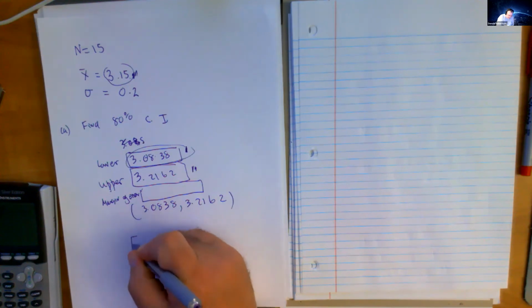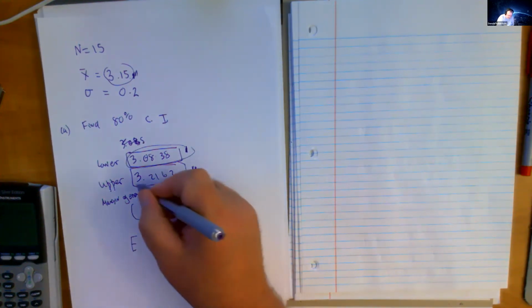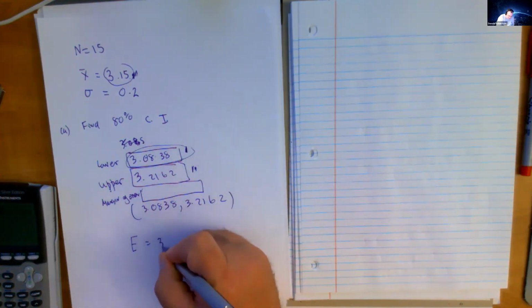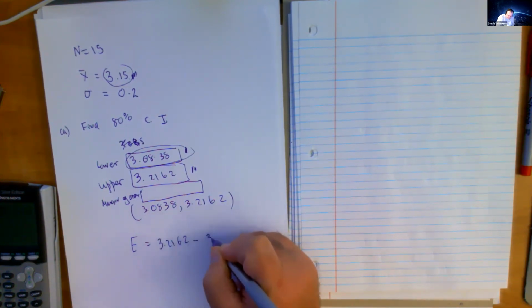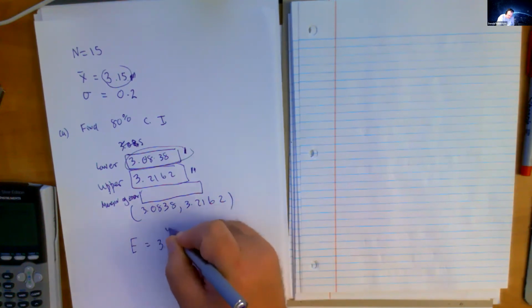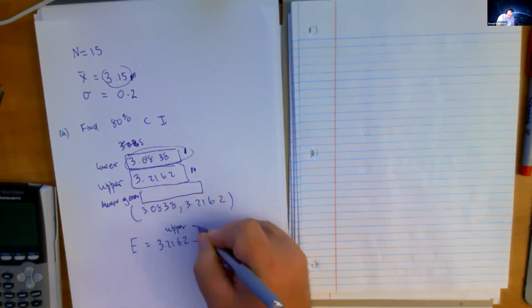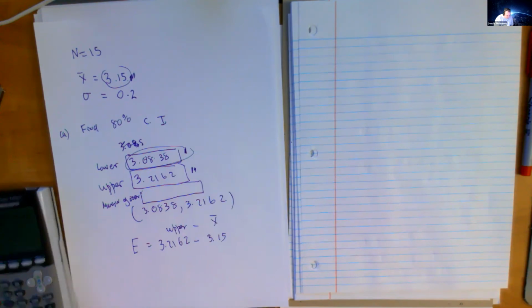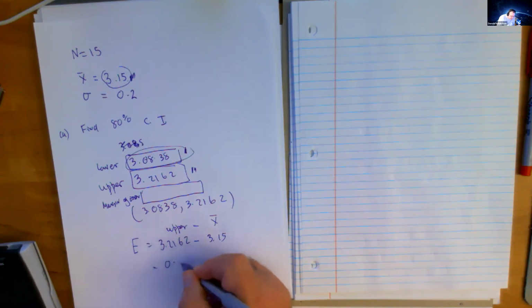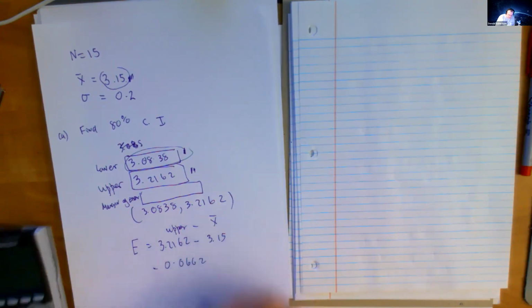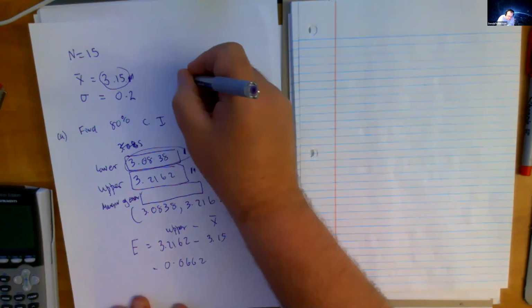So the margin of error can be found by, I can do it with the upper. You could take the upper number and take away the mean. So let's see what that gets me. 3.2162, take away 3.15, and that comes out to be 0.0662.